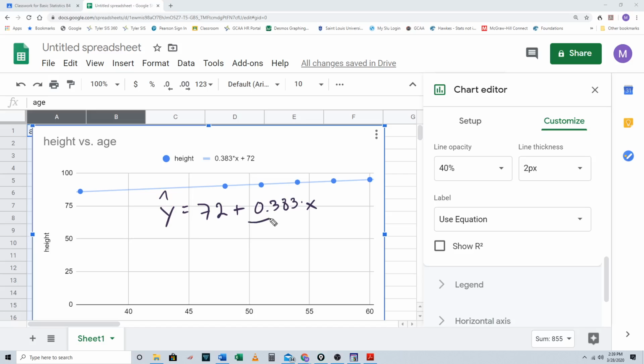So this 0.383 is the slope. Looking at the rest of the questions that we have.